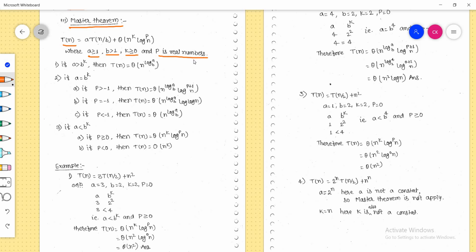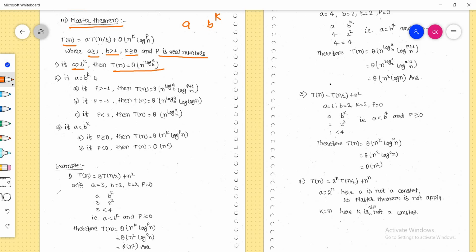This is the case, and you have to relate a and b to the power k. If a is greater than b to the power k, then you can simply say that T(n), the time complexity of the function, is n to the power log a base b.